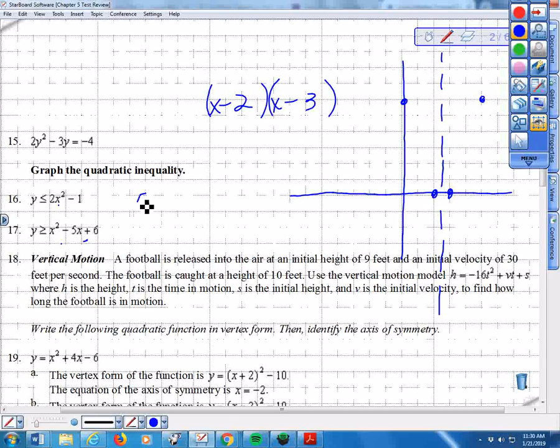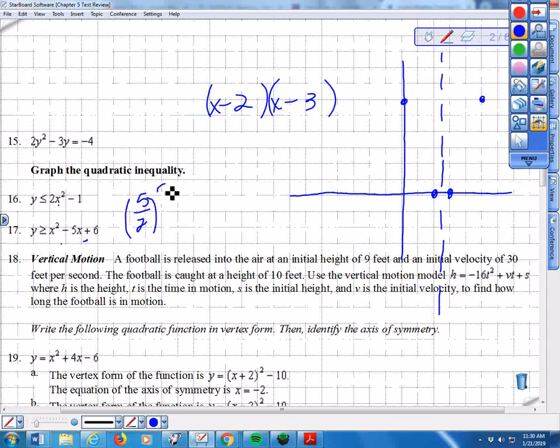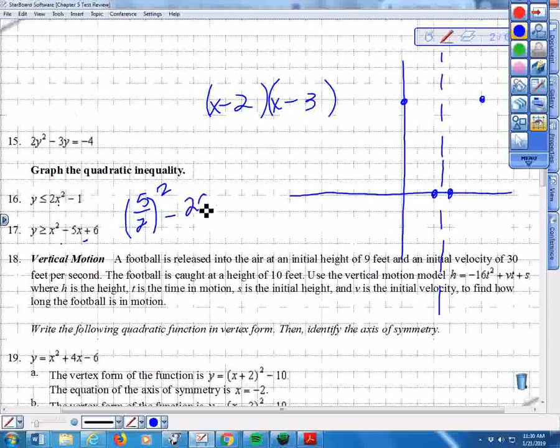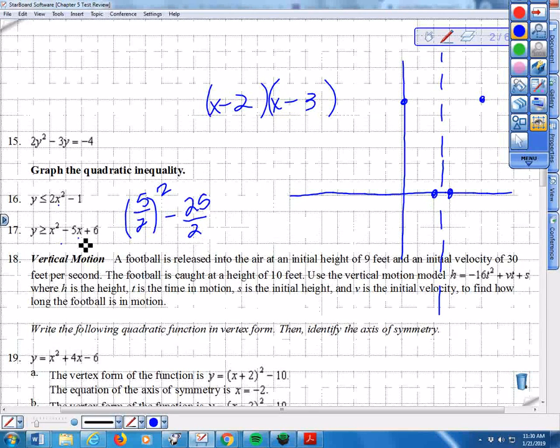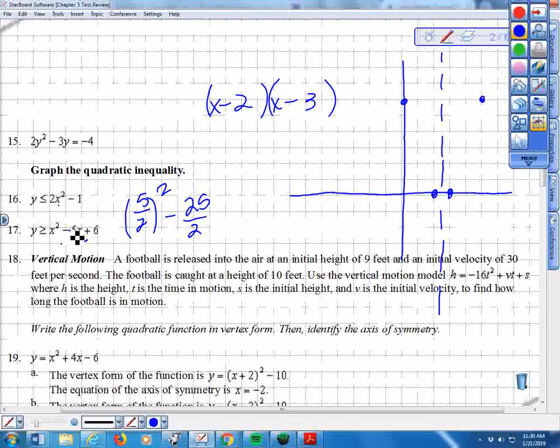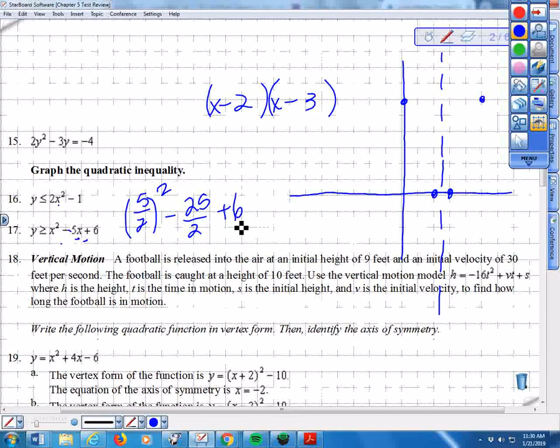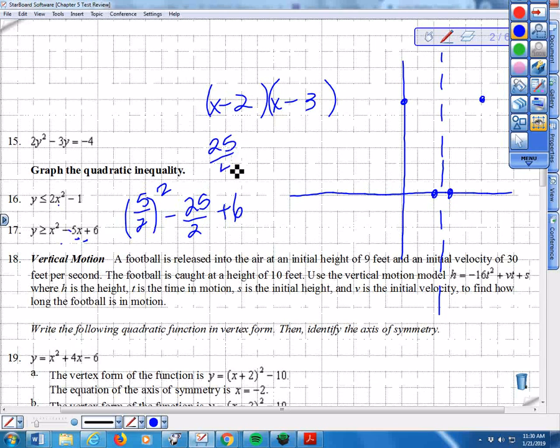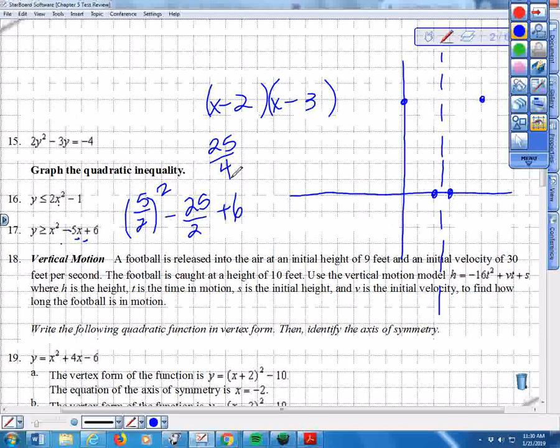So 5 halves squared minus 5 halves times 5, putting in 5 halves here. 5 times 5 is 25 over 2. Plus 6. So we've got 25 fourths.